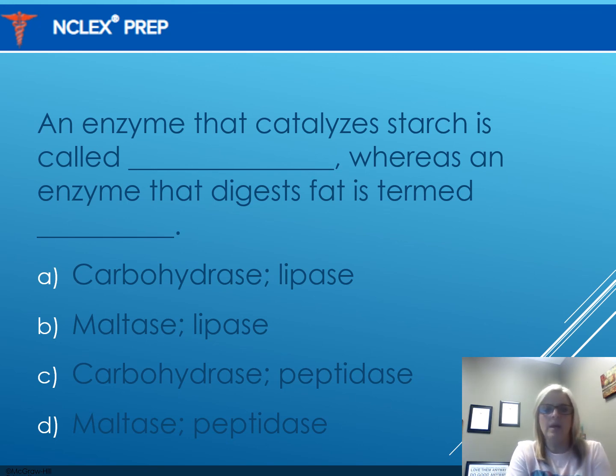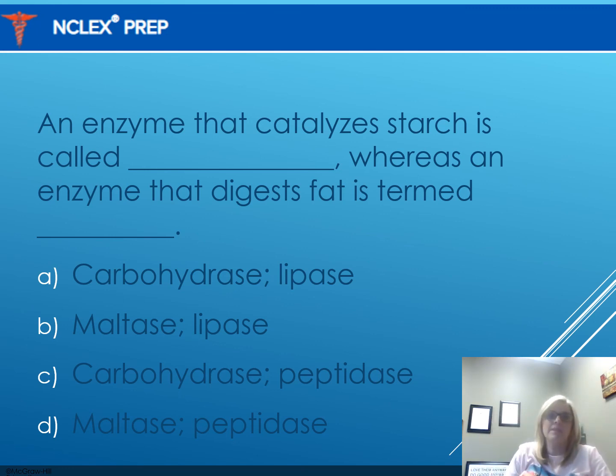All right, so let's see, carbohydrates. That should be coming off of a carbohydrate, which is a sugar or a starch. Lipase is going to be a fat. Maltase is going to be the enzyme that breaks down maltose, which is a simple sugar, okay?